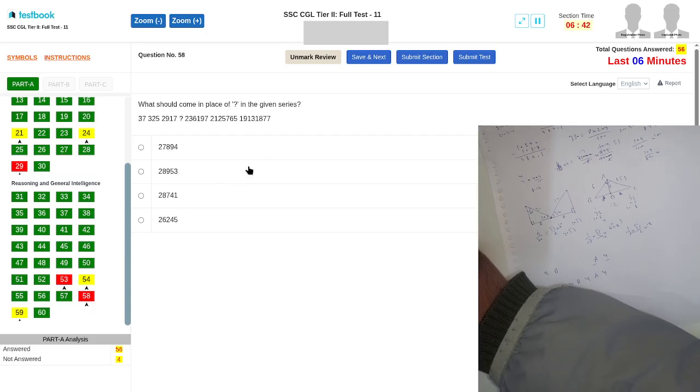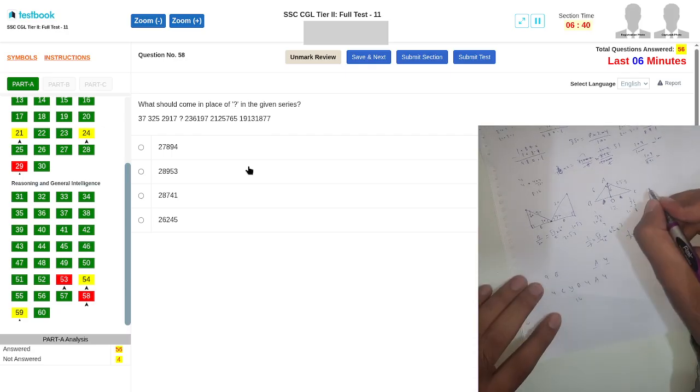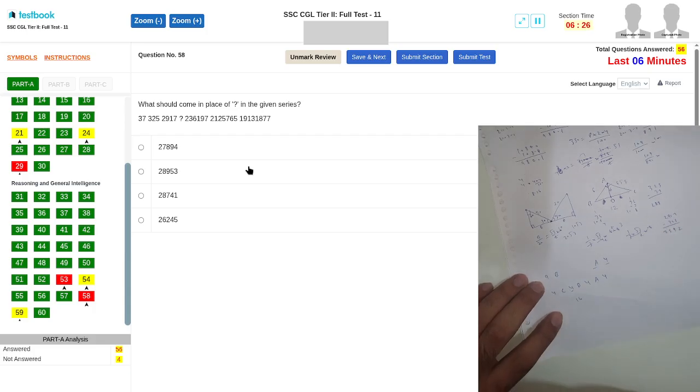सैंतीस। 325, 37 माइनस करेंगे तो 25 आएगा, 288 आएगा। 2917 में से 325 माइनस करेंगे तो 2592। 56, 63, 9000. 56.